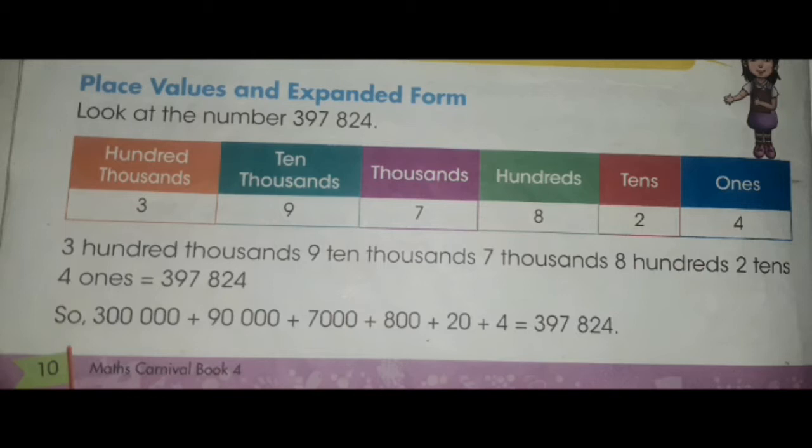And now we can easily read 300,000s, 9 10,000s, 7,000s, 800s, 2 10s and 4 1s, which is 397,824.